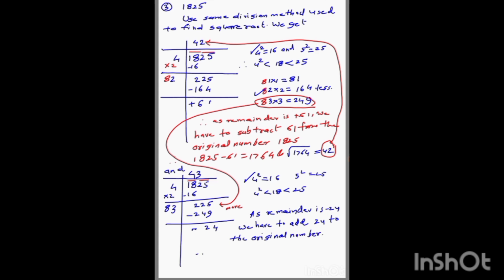Just see when you have to subtract and when you want to add. 1825 plus 24 is 1849. Yes, it is 1849. That is a perfect square of 43, or root of 1849 is 43.